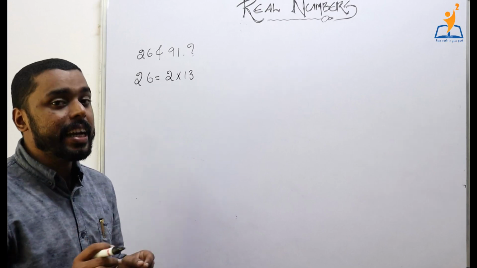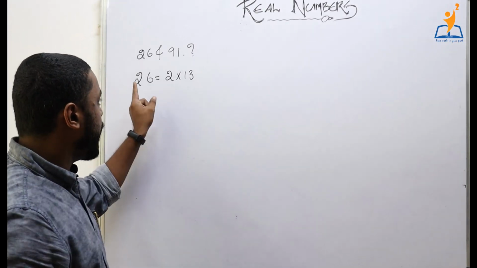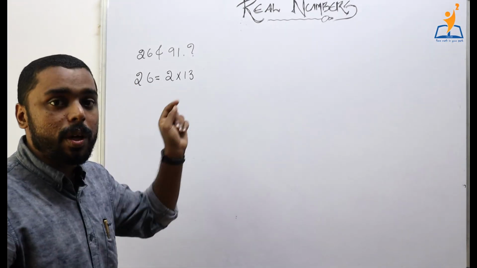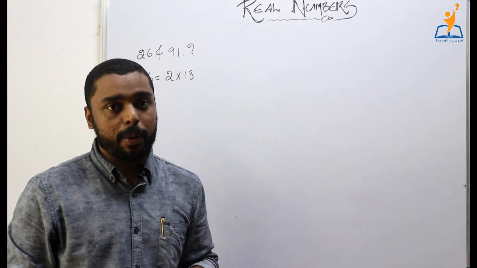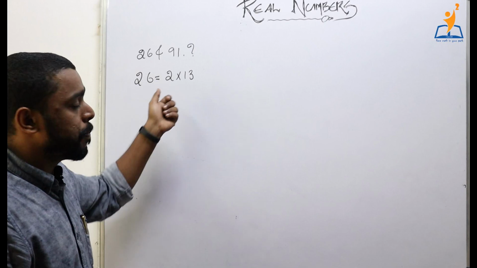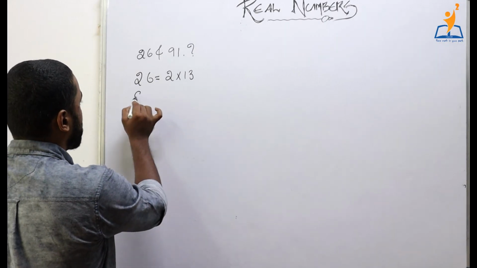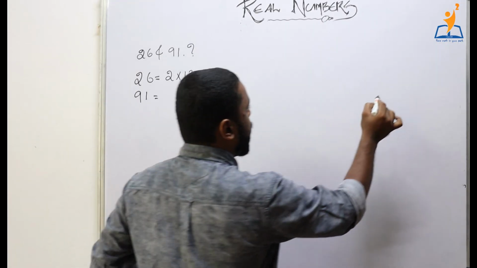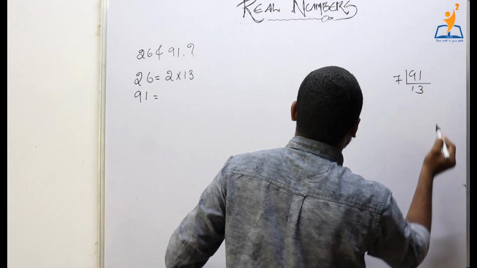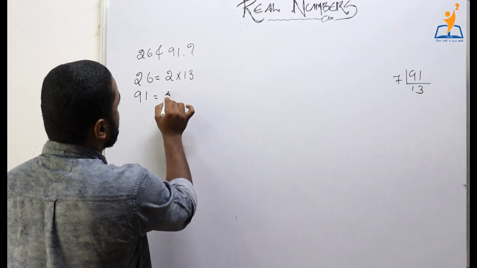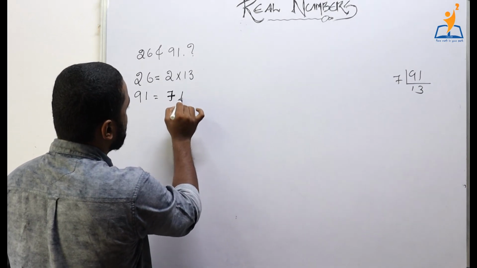If you feel any difficulty in expressing any composite number as the product of primes, just do the division. Divide it by the prime factors, then you will be able to do this. Now 91 can be divided by 7 to get 13. So we have 91 is equal to 7 into 13.